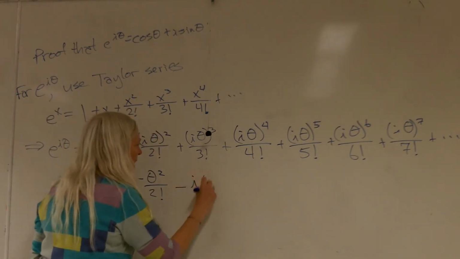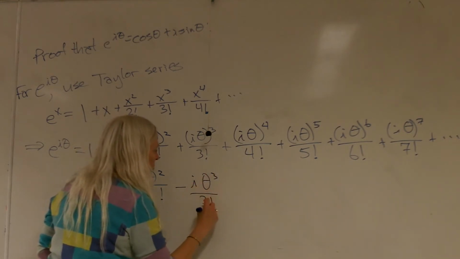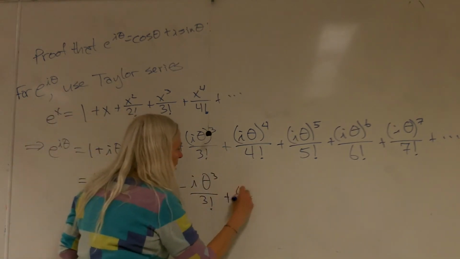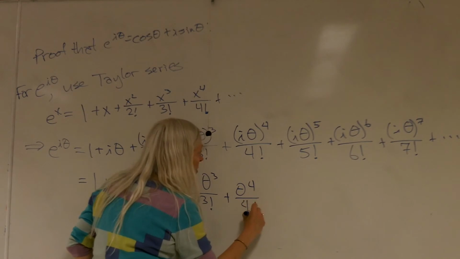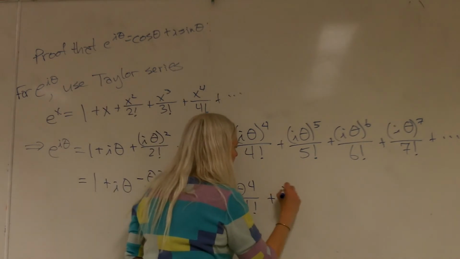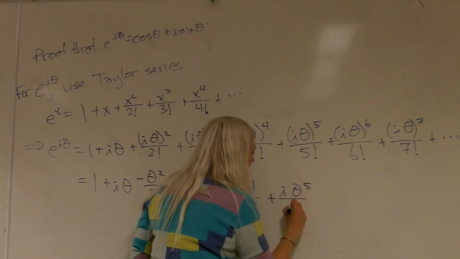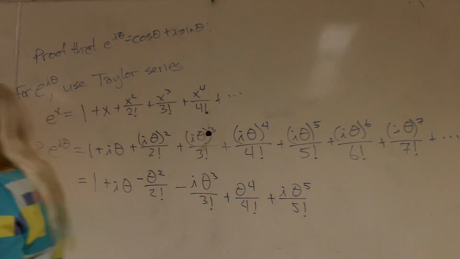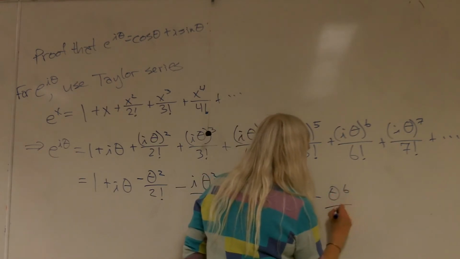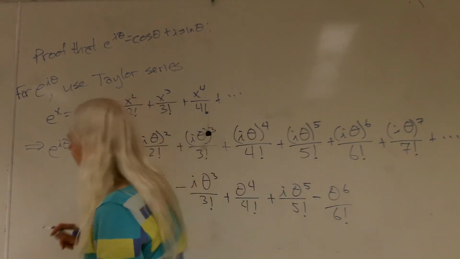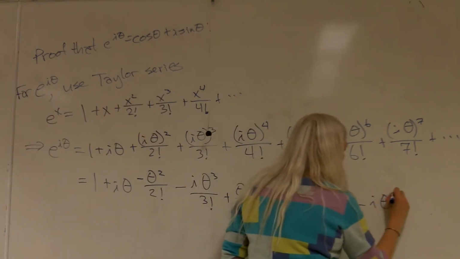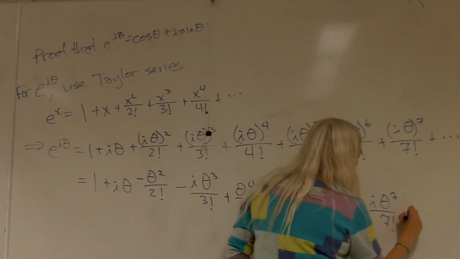This is minus i times theta cubed over 3 factorial. i to the 4th was plus 1, so this term is just theta to the 4th over 4 factorial. i to the 5th was i, so this term is i times theta to the 5th over 5 factorial. i to the 6th was minus 1, so this term is minus theta to the 6th over 6 factorial. i to the 7th was minus i, so this is minus i theta to the 7th over 7 factorial, etc.